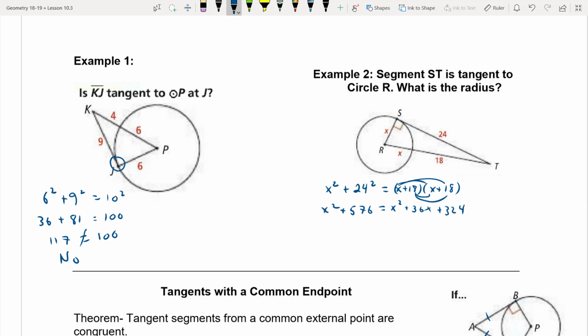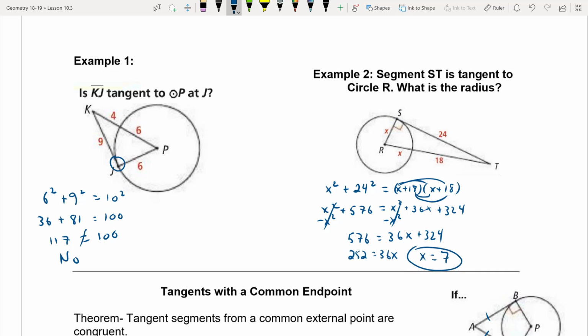Now at this point it looks miserable to solve, but it's very easy, simply because if I subtract x squared over here and subtract x squared here, they're going to cancel. And I'm just left with 576 equals 36x plus 324. Big numbers notwithstanding, it's a very easy thing to solve. Go ahead and solve from there and tell me what you get when you come back in.